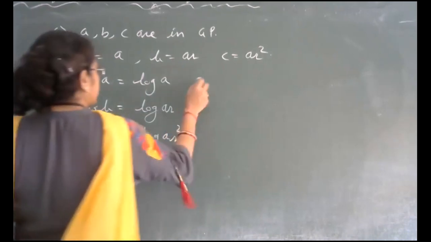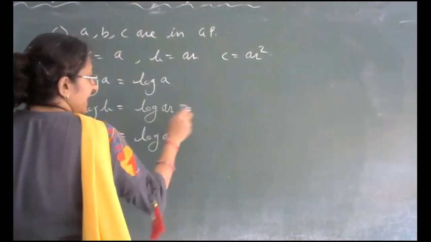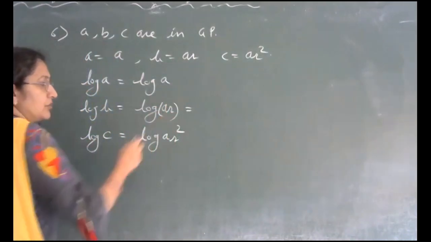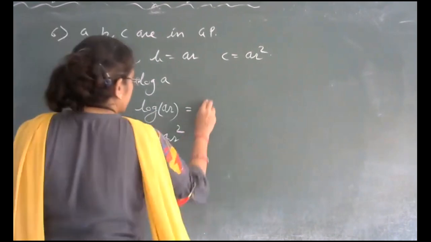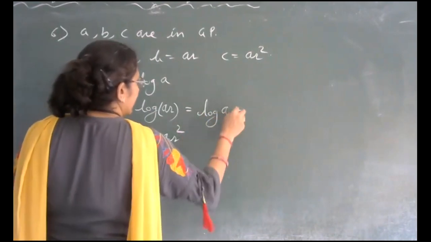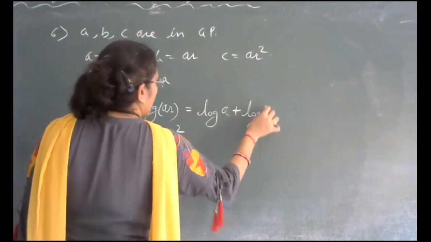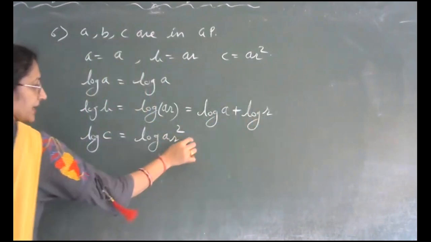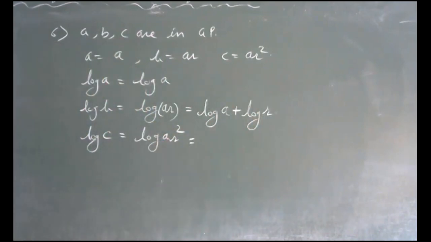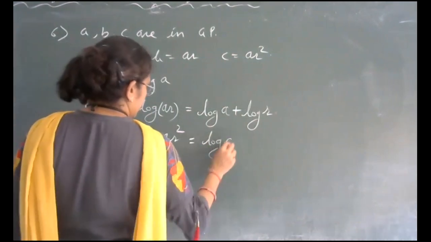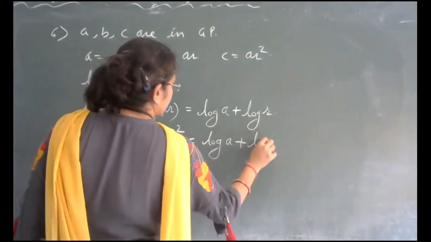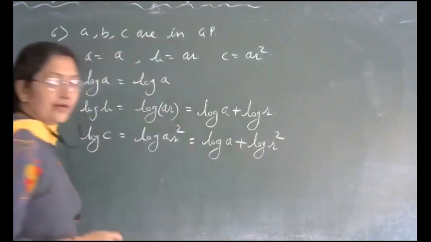Now here log A will remain as it is. You know the property: log of A into B will be log A plus log B. So it will be log A plus log R, and here log A plus log R square.